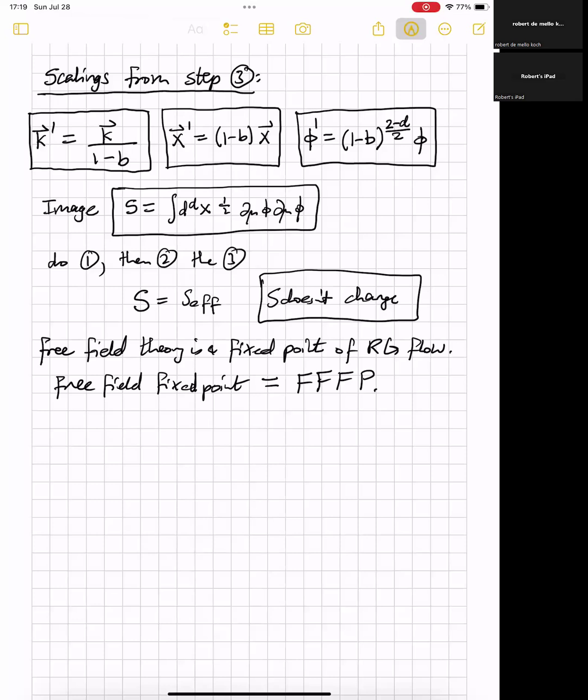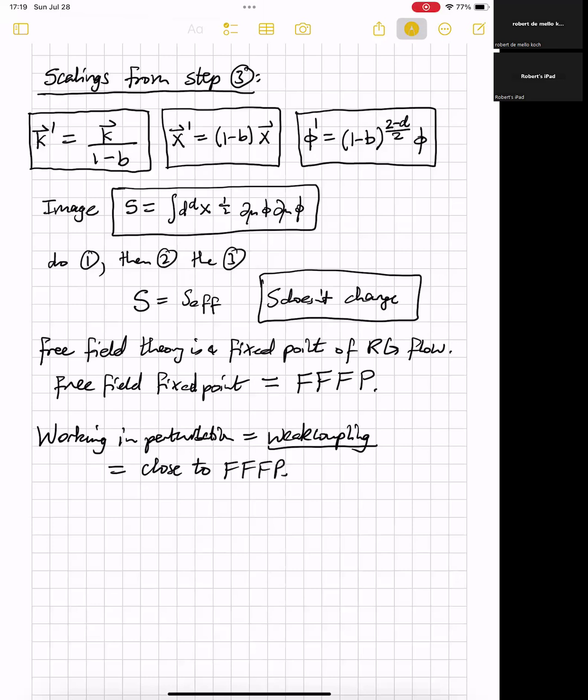If you're working in perturbation theory, that means you are working at weak coupling. Another way to say it is, you are close to the free field fixed point, okay?